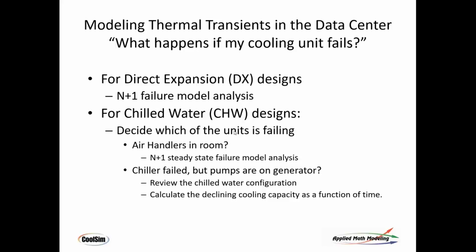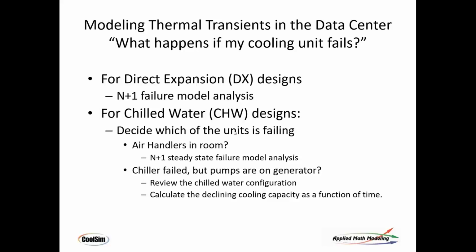That works quite well. For chilled water systems, things are a little more complicated. Now, again, if you want to just understand if the air handler in the room fails, because remember in chilled water, all you have is a fan coil sitting in the room. You have N of them. And those fans sometimes fail. If you want to study a failure mode in the room, it's the same exact case as before, and can be done in CoolSim today.